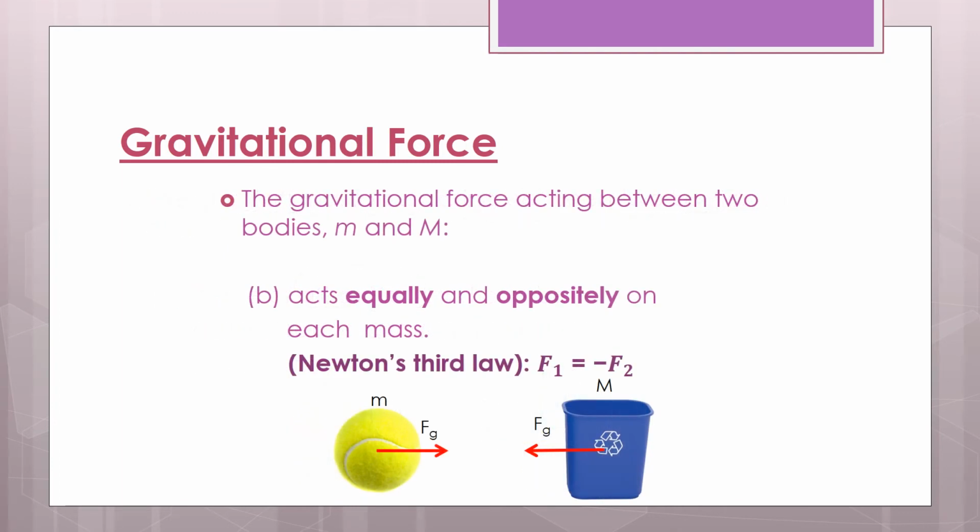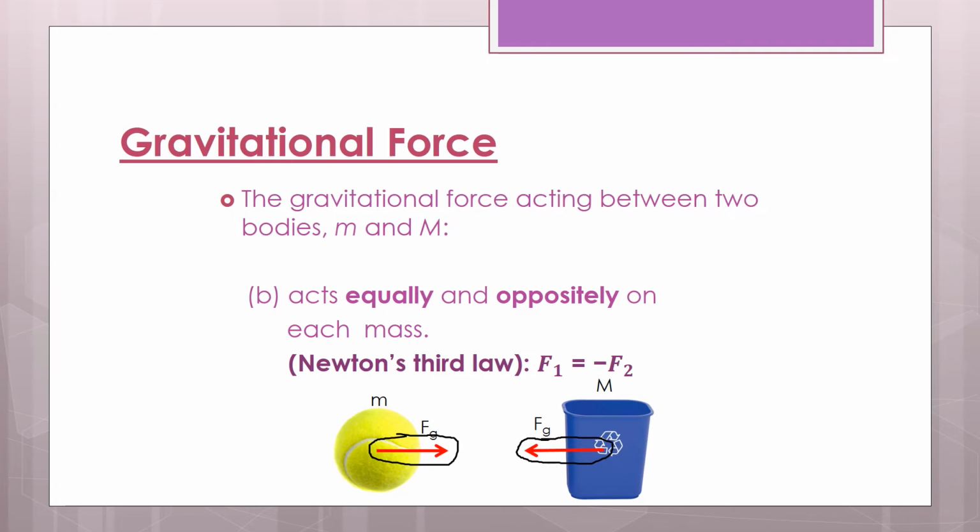With the same example, let me describe further the nature of the attractive force. On the left hand side here, I have a red arrow to represent the gravitational force on the tennis ball. This red arrow is an attraction due to the recycle bin. Similarly, the red arrow on the right hand side on the recycle bin is an attraction due to the tennis ball.